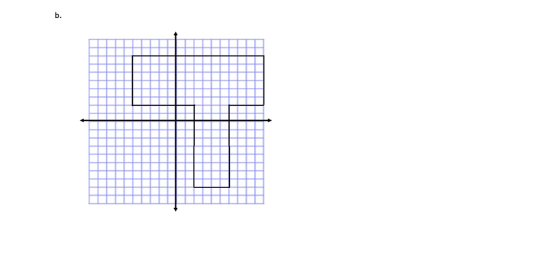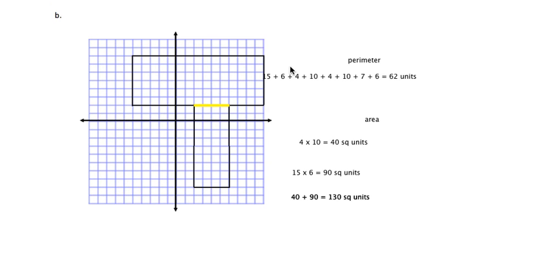And finally, we have a shape that is also pretty easily cut into 2 rectangles. So we'll find the perimeter first. And so our perimeter, 15 plus 6 plus 4 plus 10 plus 4 plus 10 plus 7 plus 6 is 62 units.